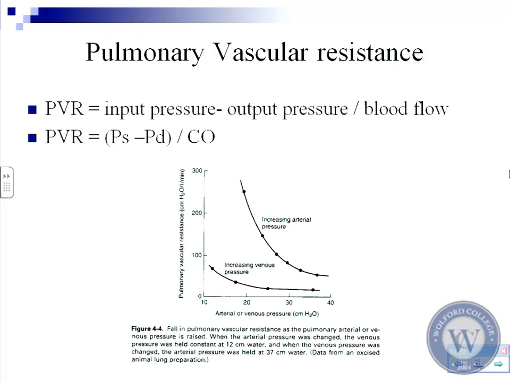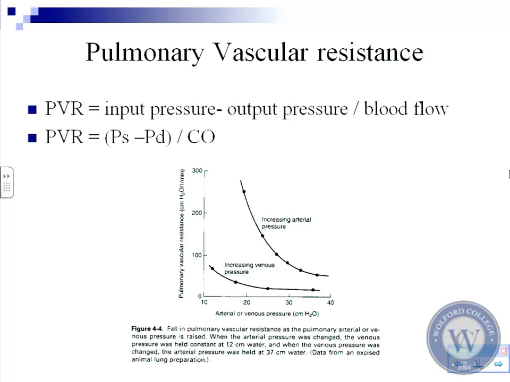So in other words, what would increase resistance? What would increase PVR? Greater pulse pressure. So if I have a greater pulse pressure, then PVR goes up. If my cardiac output goes up, then my PVR, if it's staying, it has to go down if the cardiac output is going up.